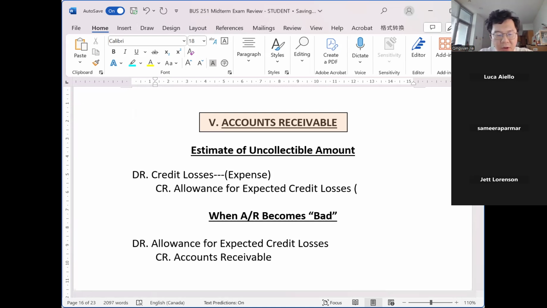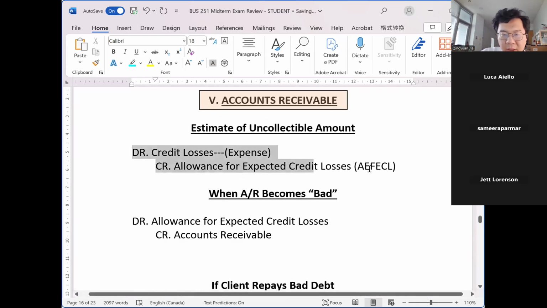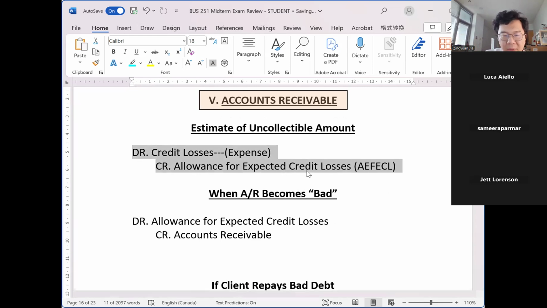And this is the so-called AFECL, AFECL account. And this is simply when we estimate some portion of the account receivable is not collectible.